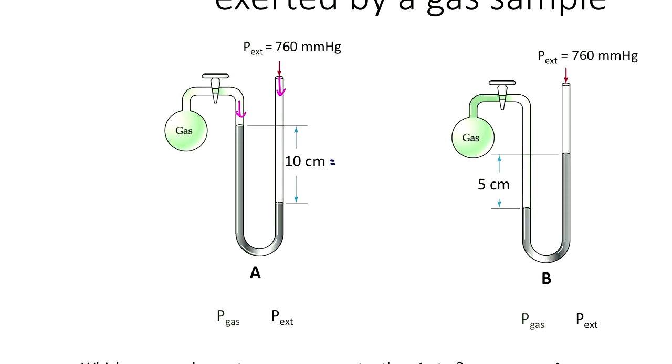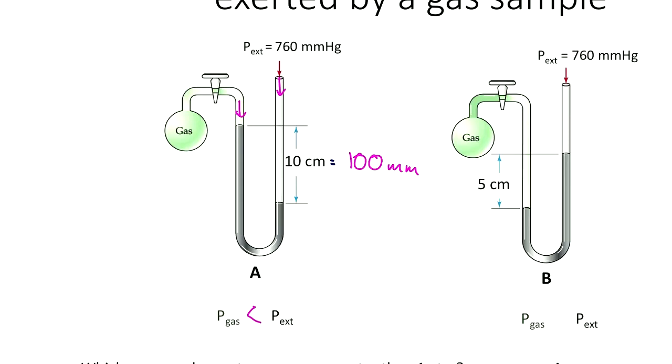Yes, the outside is winning. By how much? By 10 centimeters, yes. With 10 centimeters also equal to how many millimeters? 100. Yes, 100 millimeters. So yes, just from this picture, we say, oh yeah, the external pressure, the world is winning versus the gas sample. So that means the gas sample has less pressure than the outside world.